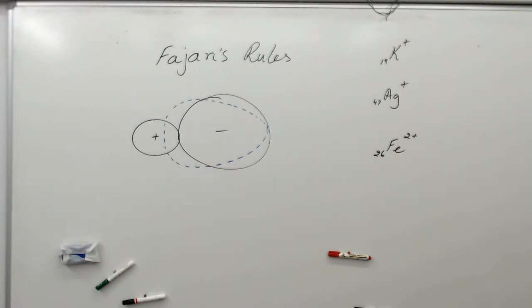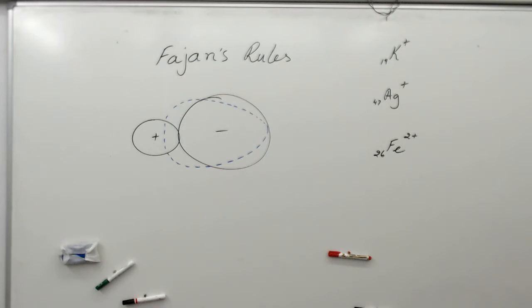So for Fe2 plus, it's 3d4. 3d6. The electron goes out from the s orbital, not from the d. So 5s.